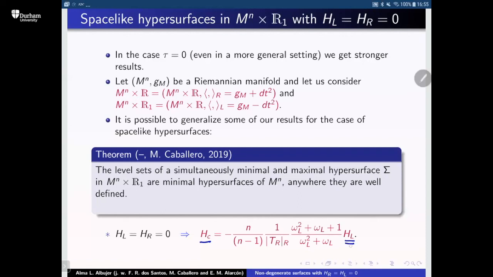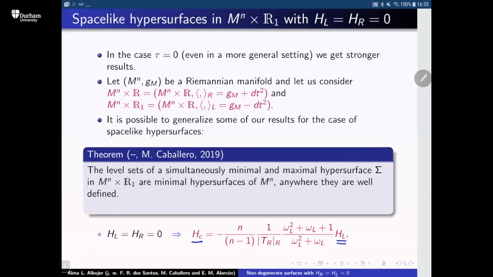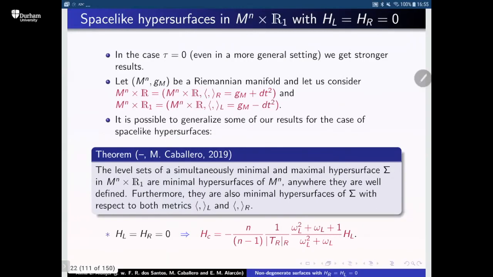And so if H_L vanishes, H_c must also vanish. Furthermore, the level sets are not only minimal hypersurfaces of the fiber, but they are also minimal hypersurfaces of the surface sigma with respect to both metrics, both the Lorentzian and the Riemannian metric.